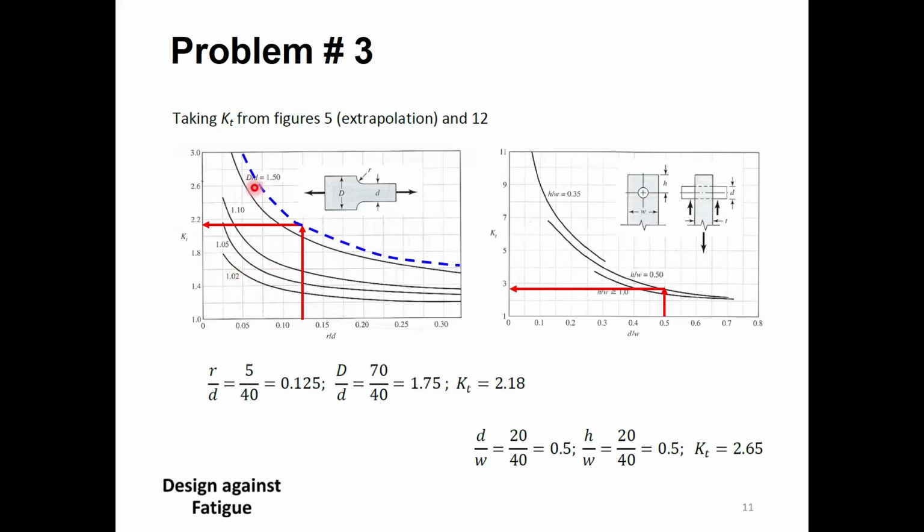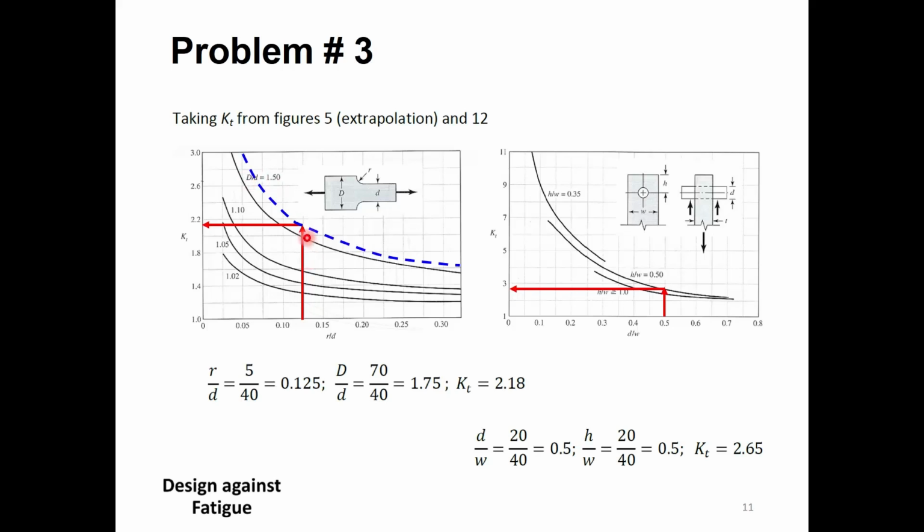So these curves are capital D over small d. So it shows the ratio between the larger width and the smaller width. The ratio here is 1.75. But the last curve on the graph is D over d equal to 1.5. So we have to extrapolate.